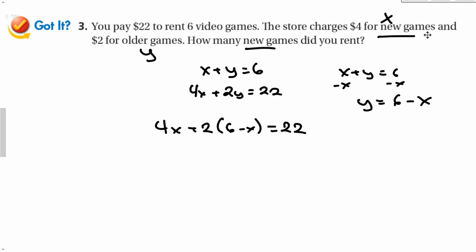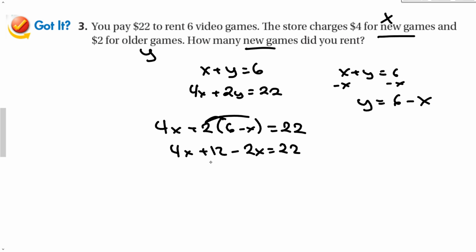Okay, so if you're able to give yourself an equation that has the variable that you're looking for, you only need to solve this once. And we do that by isolating the variable that I'm not really looking for, so that way the only letter that's left over is x, the one I want. 4x plus 12 minus 2x is equal to 22 after I distribute the 2.